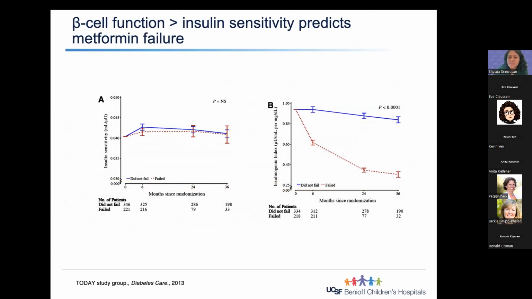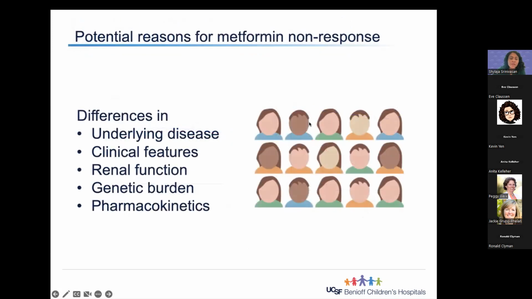But the participants who had sustained glycemic response to metformin had better beta cell function, which was measured as the insulinogenic index, compared to those who failed metformin therapy. Those who failed are shown in the red compared to those who didn't in the blue. And you can see right off the bat that the beta cell function is lower in those who failed. So moving on to other differences.